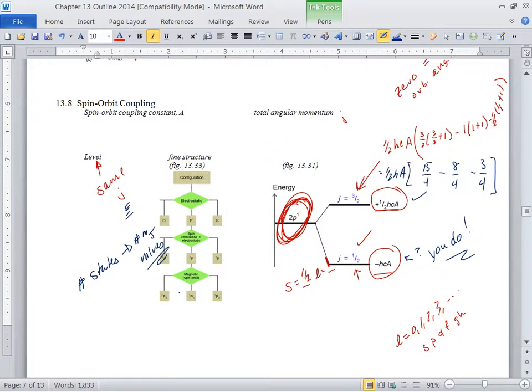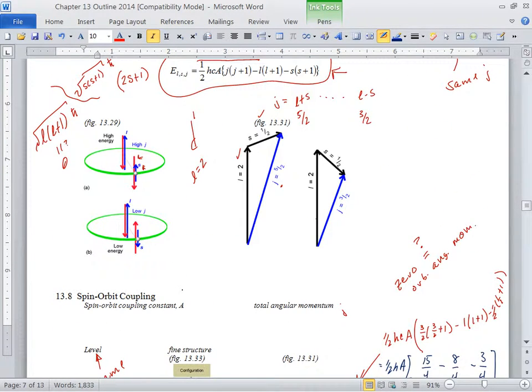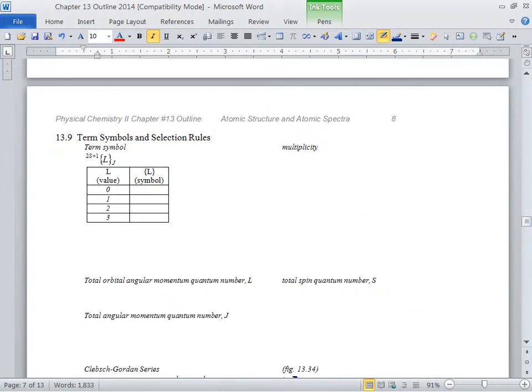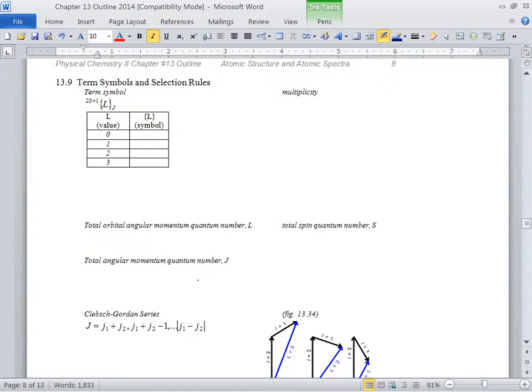Now, what's important here is to realize the transition. See the little small L's, small S's, small J's? Section 13.9 jumps in. Not small L anymore, big L's. Not small s, big S. Not small j, big J. And that means we have many electrons, multiple electrons.